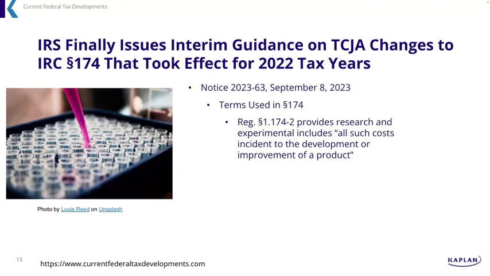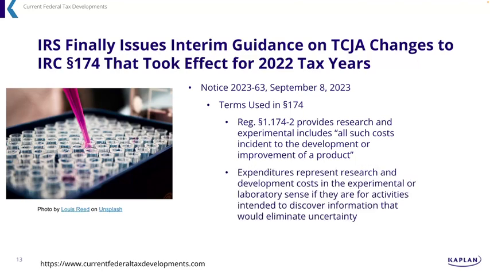Now, what that old reg provides, which has been around for a long time, is that research and experimental include all such costs incident to the development or improvement of a product. So we're going to see that development and improvement test as being when we have research costs. And generally, we're going to be looking at resolving uncertainty.